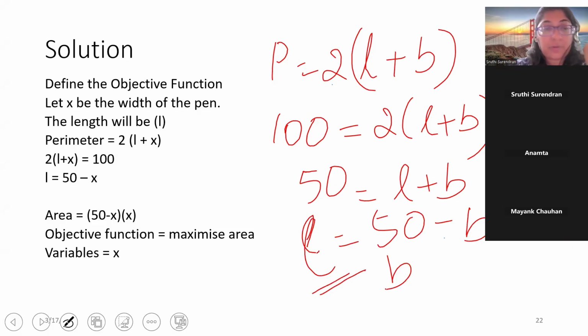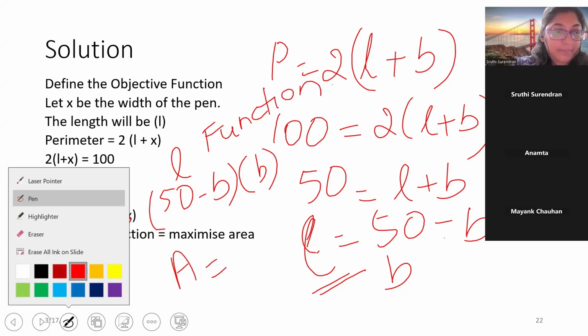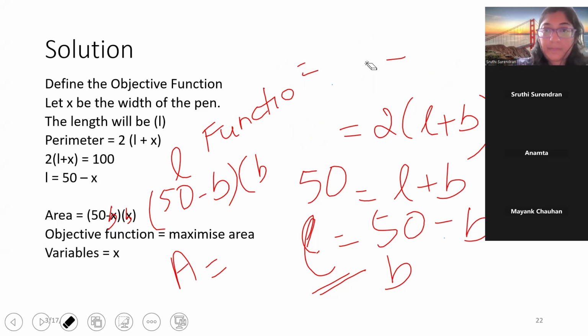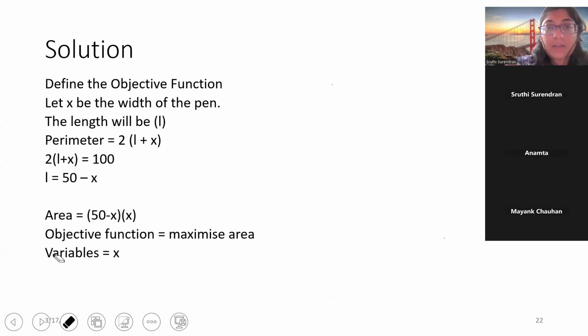So now if we have the length, we have the breadth also. If we substitute in terms of b, say this is b over here, 50 minus b is the length term, and into the breadth will give us the area. So area is equal to length into breadth.